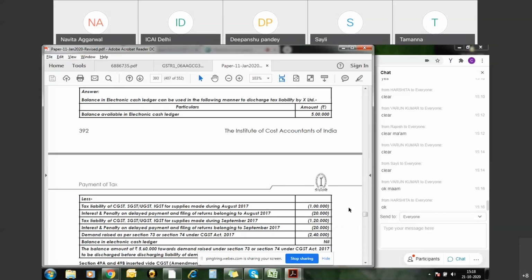At the beginning of this August month, we had an electronic cash ledger of 5 lakh. Can we proceed with the solution? Is the understanding clear?